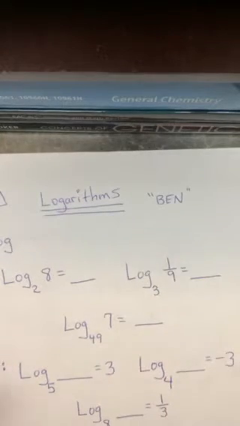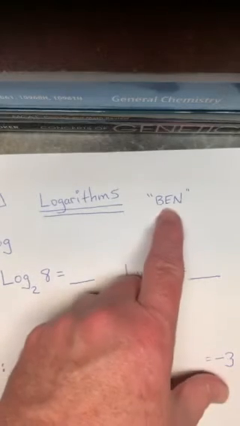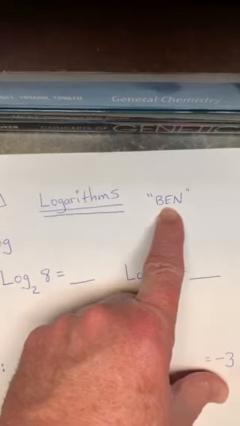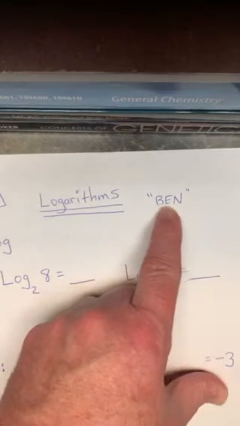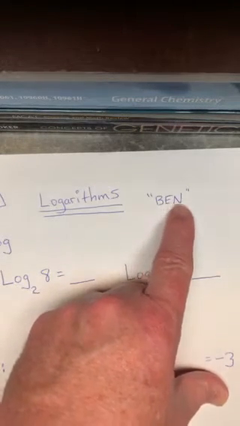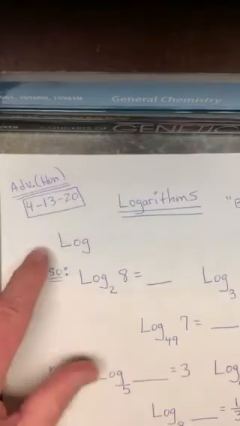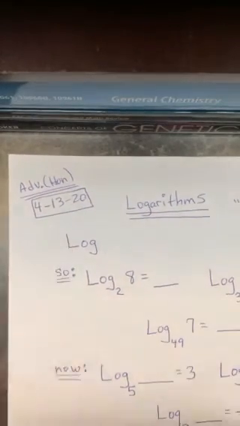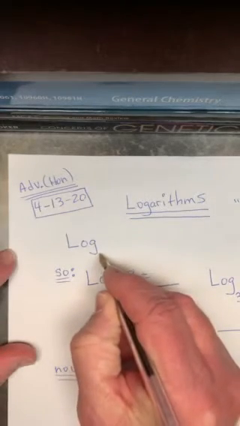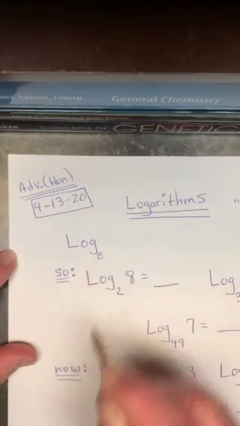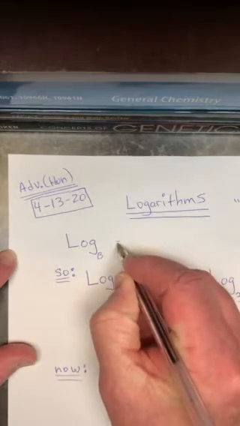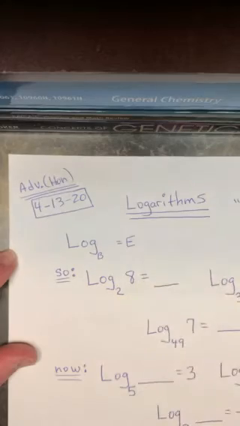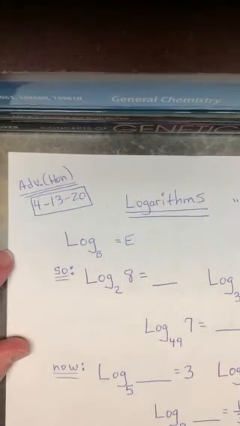Now, I'm just using the name Ben to remember what we're about to do, but Ben obviously stands for three different words: base, exponent, final number. Base, exponent, number. Okay? Every time you see the word log, down below the word log, you've got some base, and that base is going to be raised to some exponent that's on the other side of the equal sign.